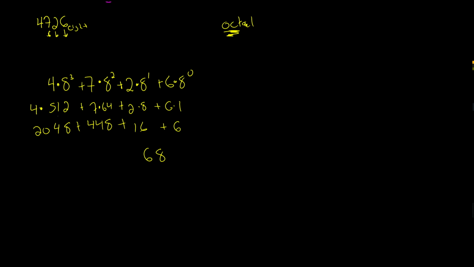Carry my 2. So 2 plus 4 is 6. 6 plus 4 is 10, 11. I don't know why I put a 6 in there, it's 11. And now I carry my 1, and let's see, 1 plus 0 plus 4, that's 5. There we go.